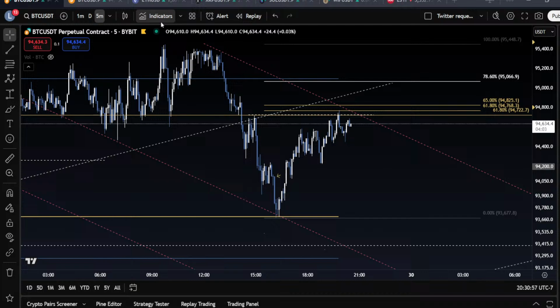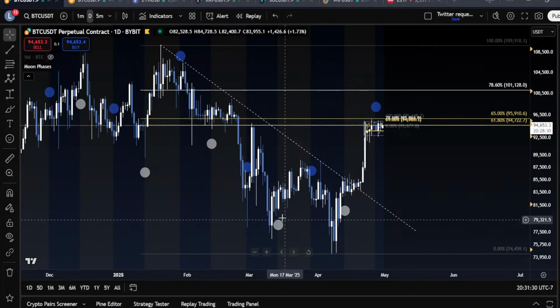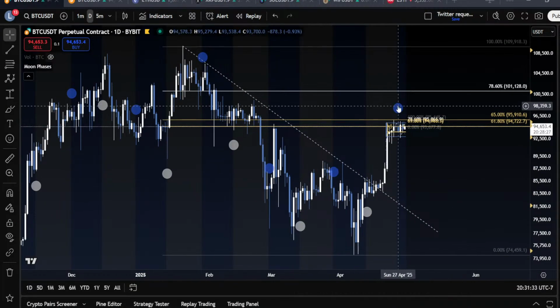So it is Wednesday, and it is moon phase season. Those are some loose confluences for the short. I think another pump through this high could still play into the moon phase idea. That's the high end.